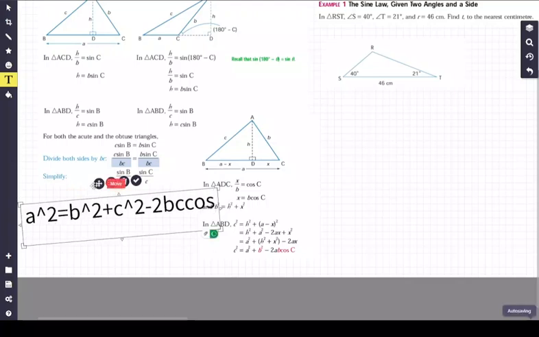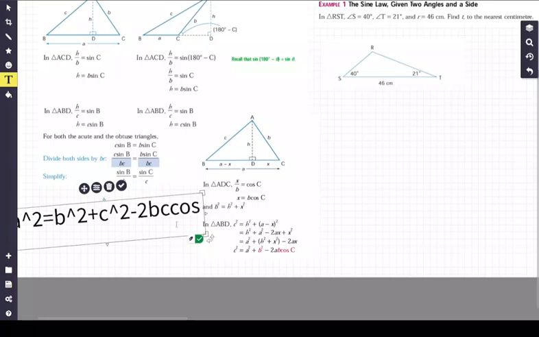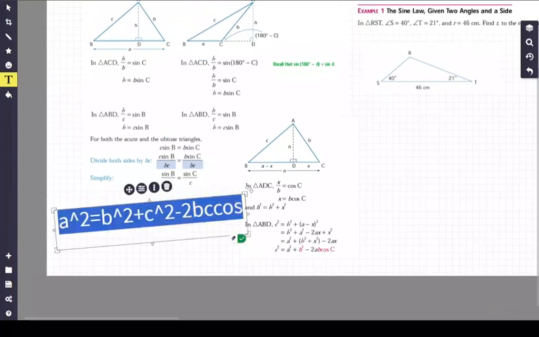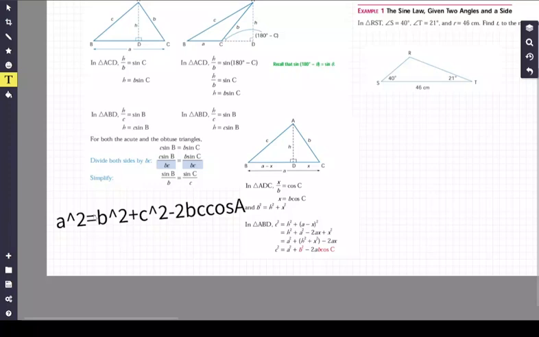If you're using this to find something, you're going to isolate for it. However, this a right here must correspond to the angle. For example, I can only find side a if I have the corresponding angle. I can't find side b if I have the corresponding angle of side a. I just want you to keep that in mind, and that's something really important.